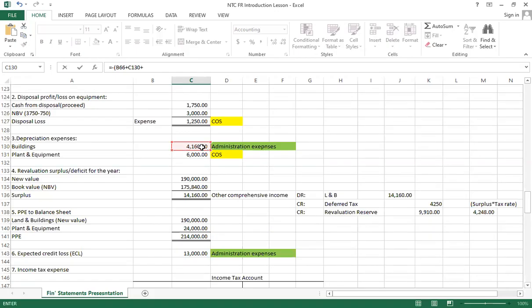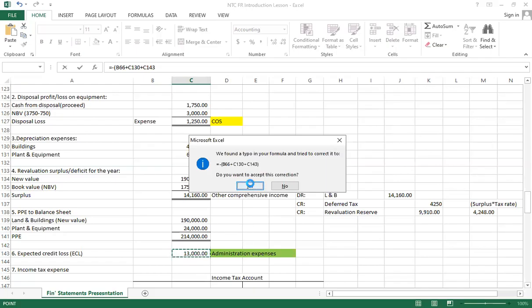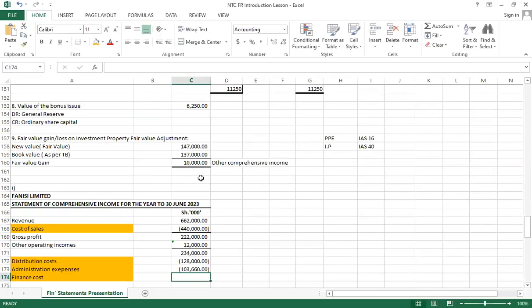And then plus, you come to working number 6, the expected credit loss of 13. If that is the case, we adjust the administration expense to about 103,660.